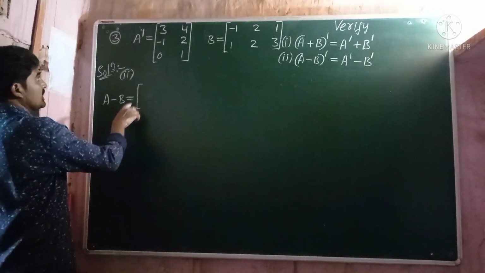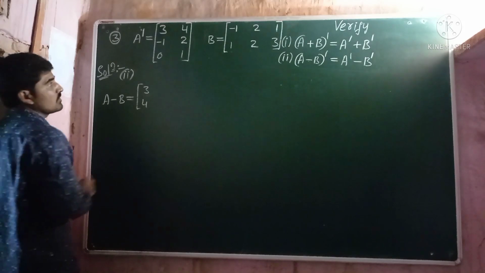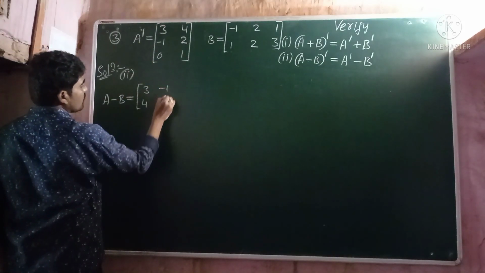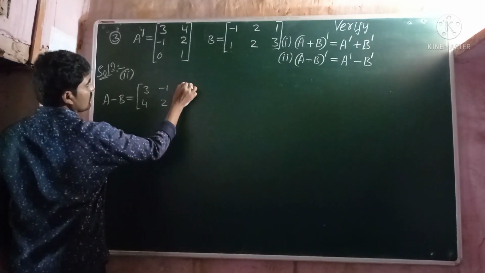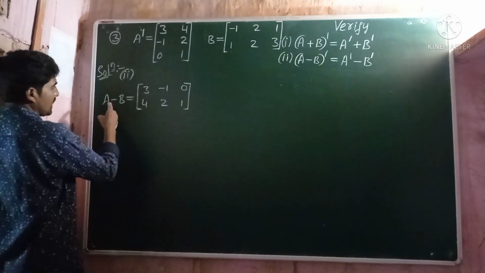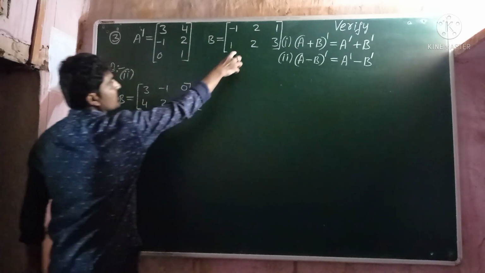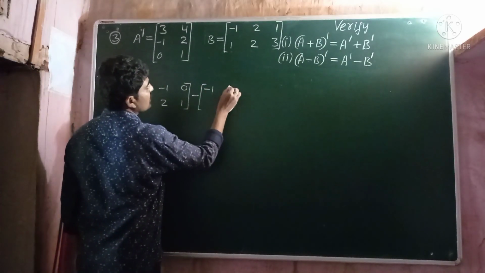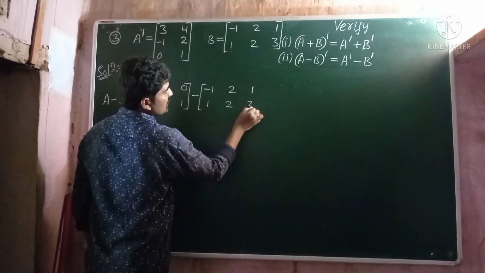Therefore, matrix A is equal to 3, 4 (first row becomes first column), minus 1, 2 (second row becomes second column), 0, 1 (third row becomes third column). Minus, matrix B is given by minus 1, 2, 1, 1, 2, 3.